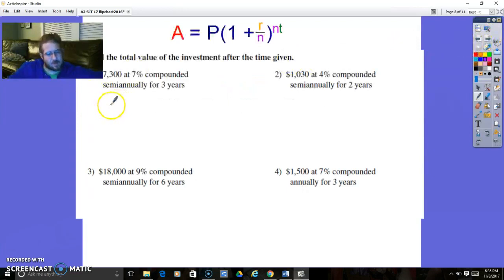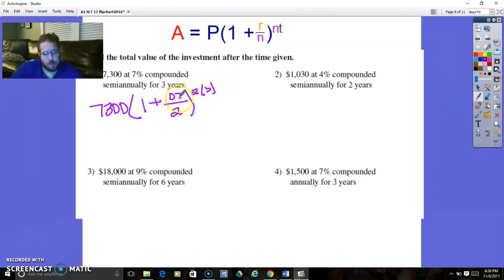All right, so now let's solve some simple and compound interest questions. Semi-annually, so that's $7,300 times 7% growth, so that's 1 plus 0.07, compounded semi-annually, which means twice a year, to the nt power, so that's 2 times 3.